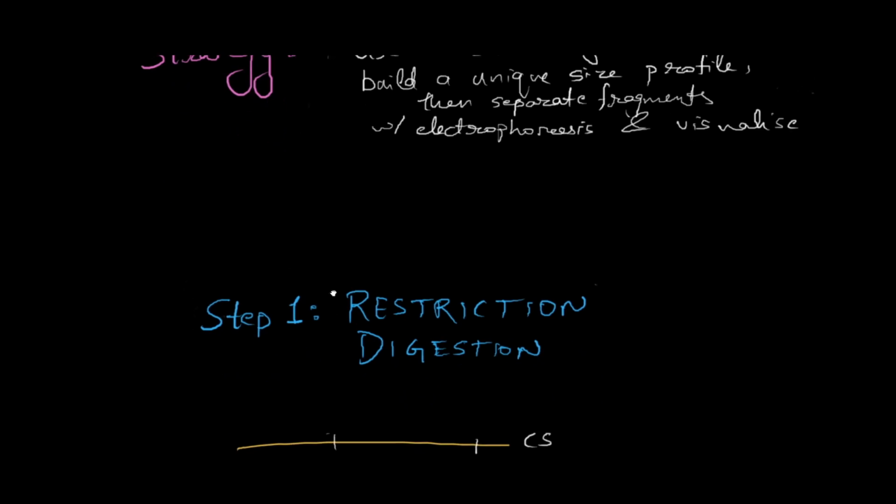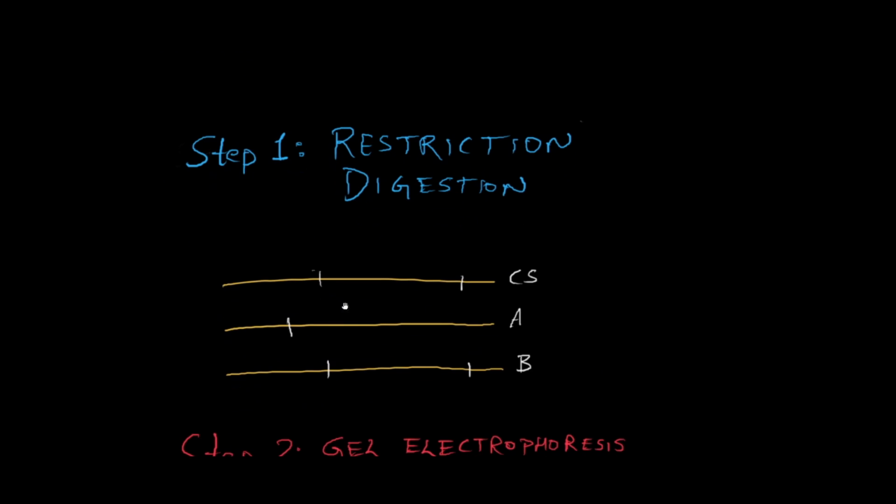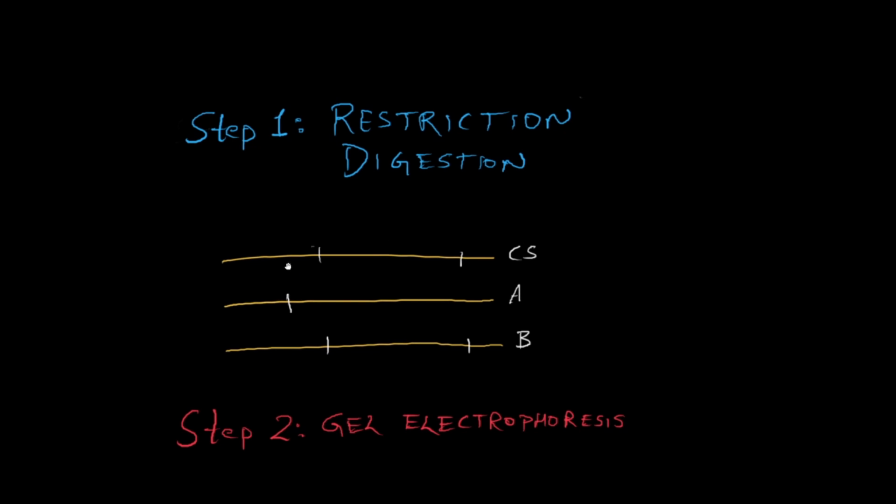So the first step is you do restriction digestion to break the sequence into a unique size profile of fragments, and what you do might look something like this.